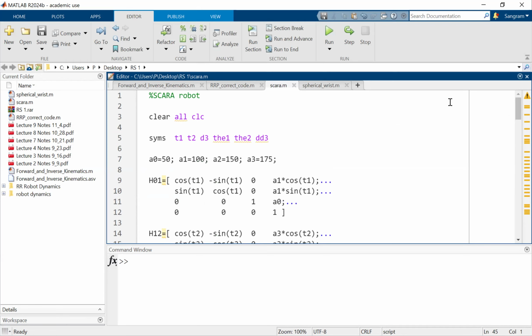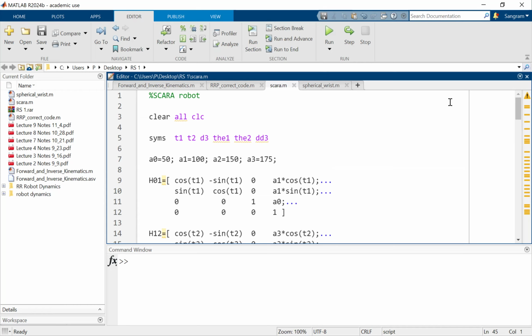Open the script SCARA. Line number 1. We are doing forward and inverse kinematics of SCARA. We are also going to do the velocity analysis of SCARA. Line number 2 is blank.